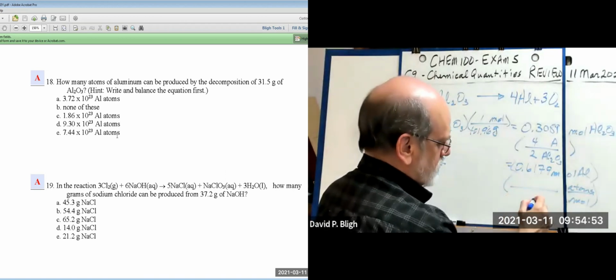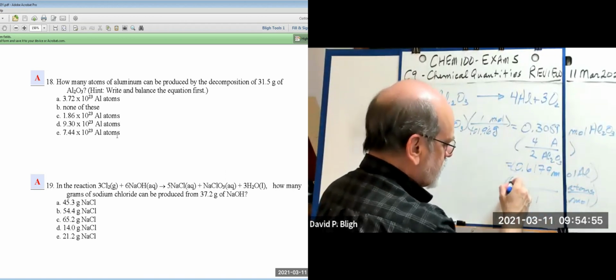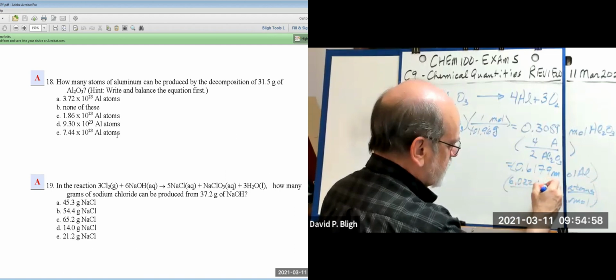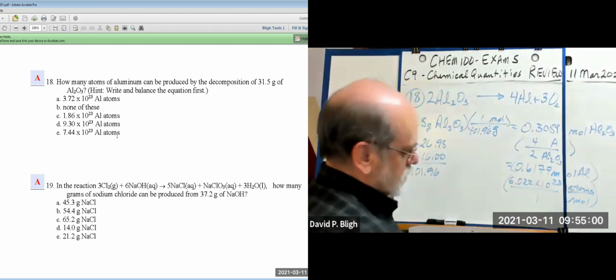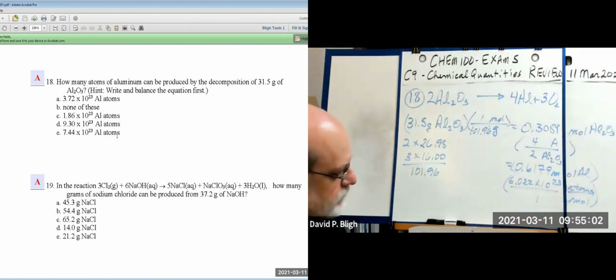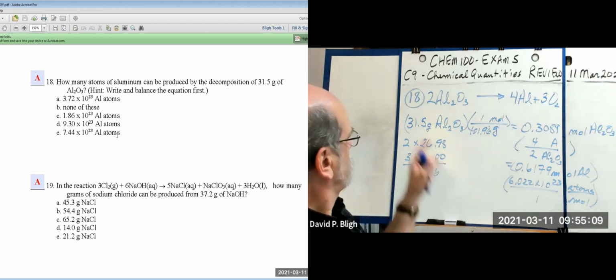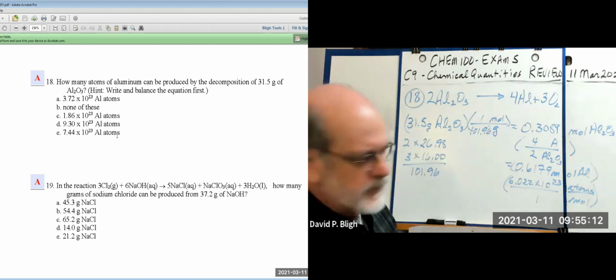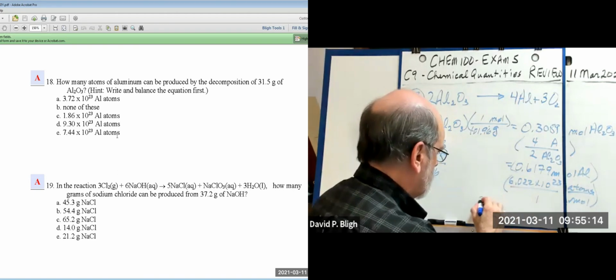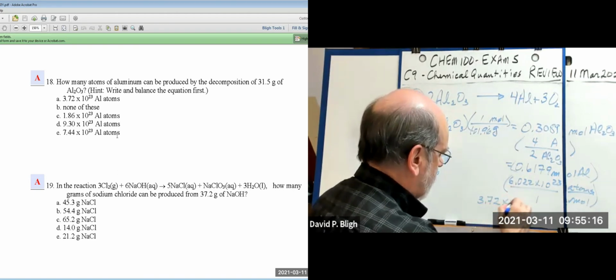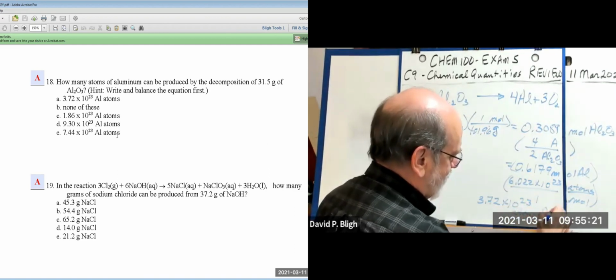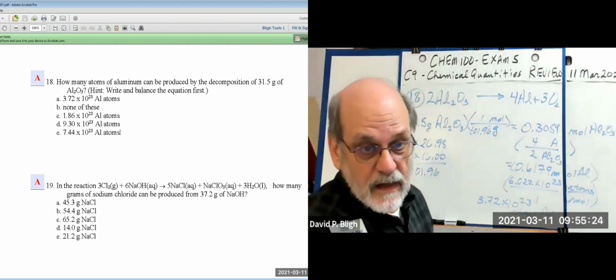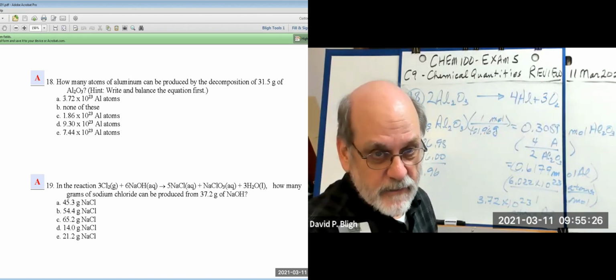So we have, for every mole, you have 6.022 times 10 to the 23rd atoms. 3.72 times 10 to the 23rd. And that's why A is the answer.